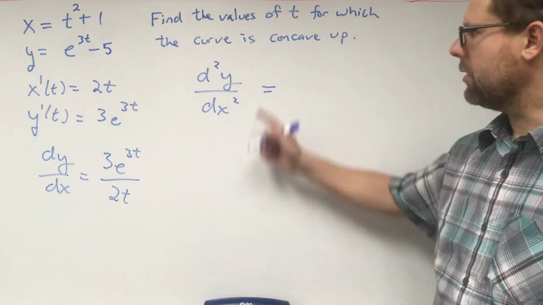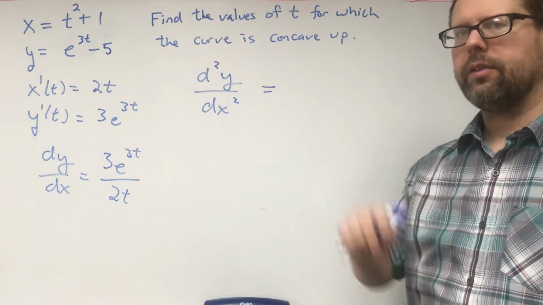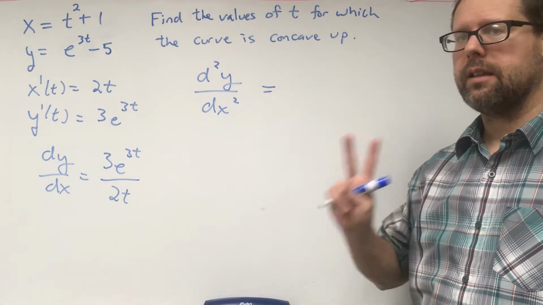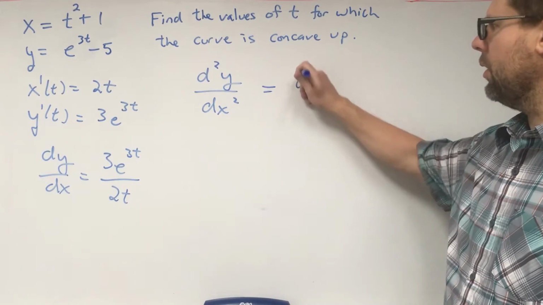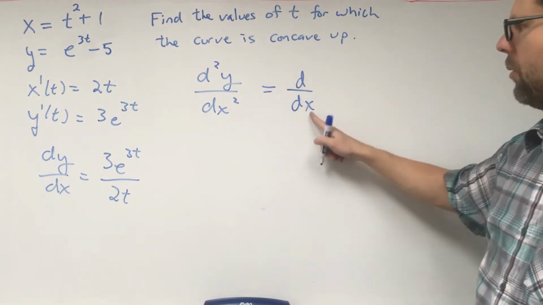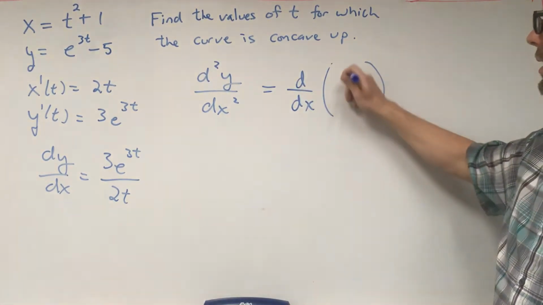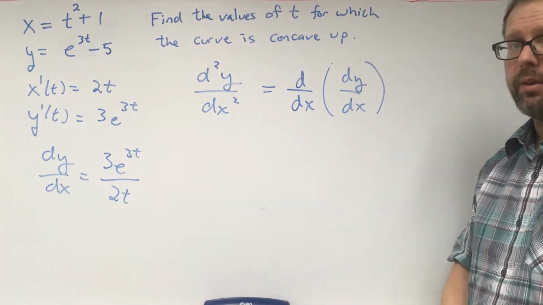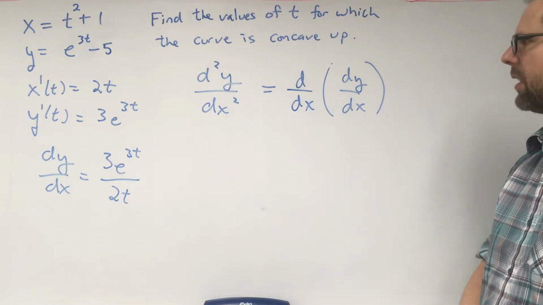We've learned that if we took the derivative with respect to x once and got the first derivative, we just needed to differentiate again to get the second derivative. And so if we differentiate with respect to x the first derivative, we've got our second derivative that we need for concavity.